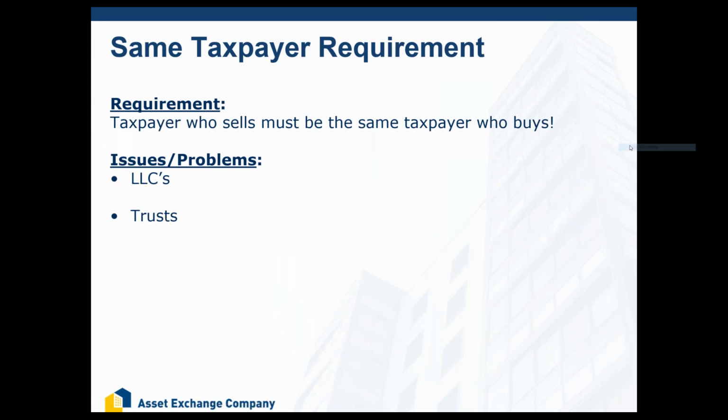All right? So the taxpayer who is on title is very important. Let me give you another issue that comes up around trusts. What happens is smart people, mom and pops, put their property in a trust.